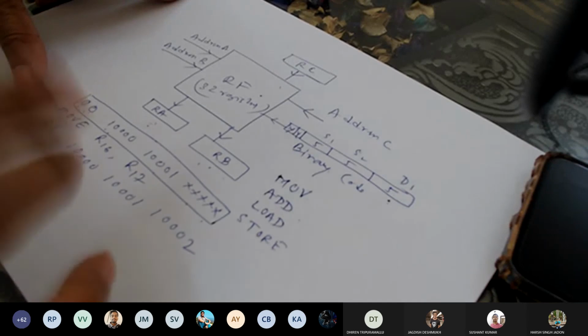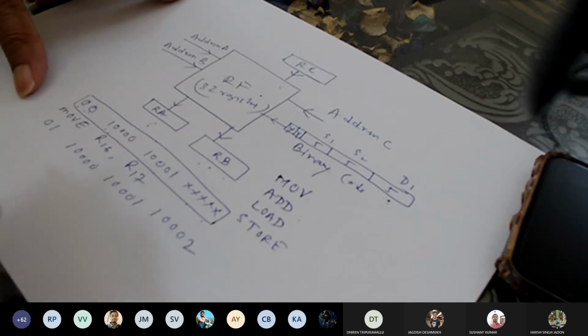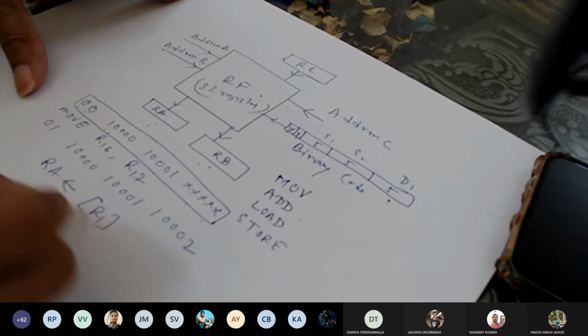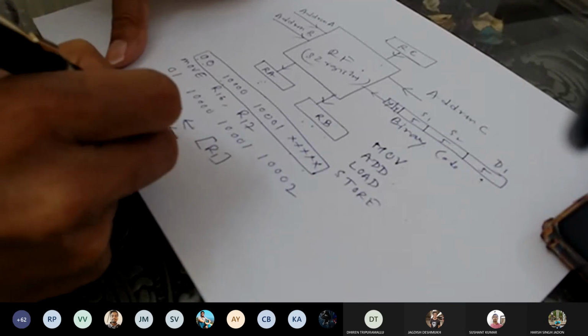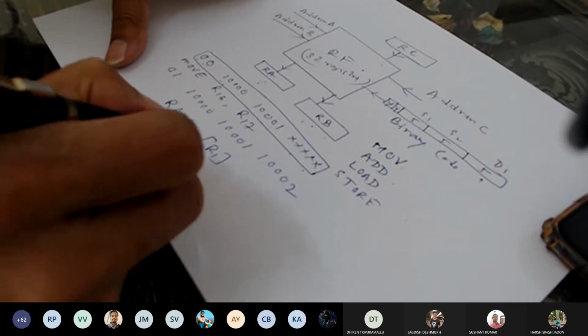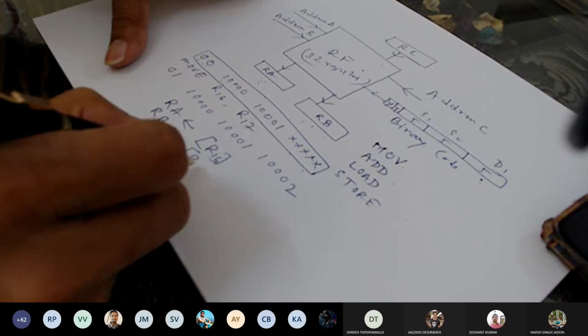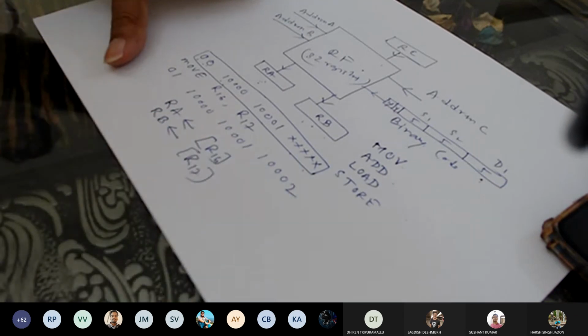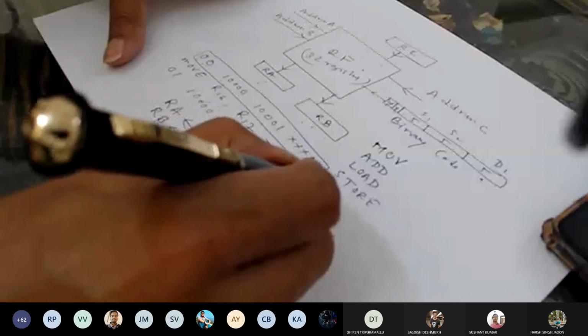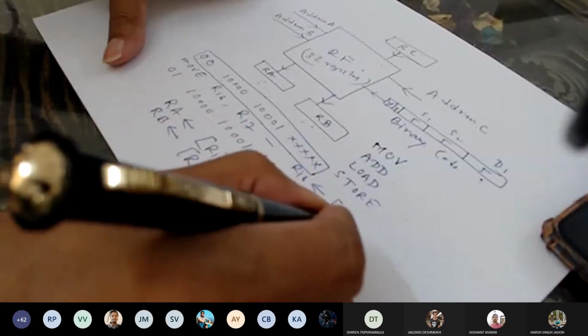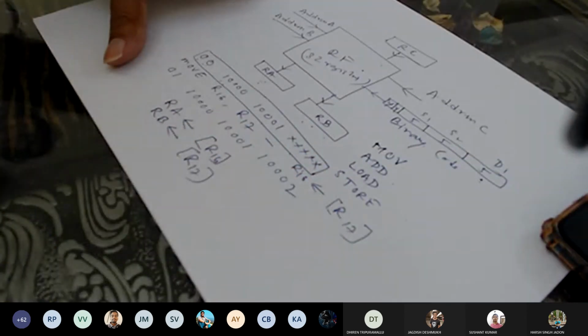What will it do? It will simply bring the value: RA equals R1, RB equals R7, and for this one R16 equals R17. Is that clear now?